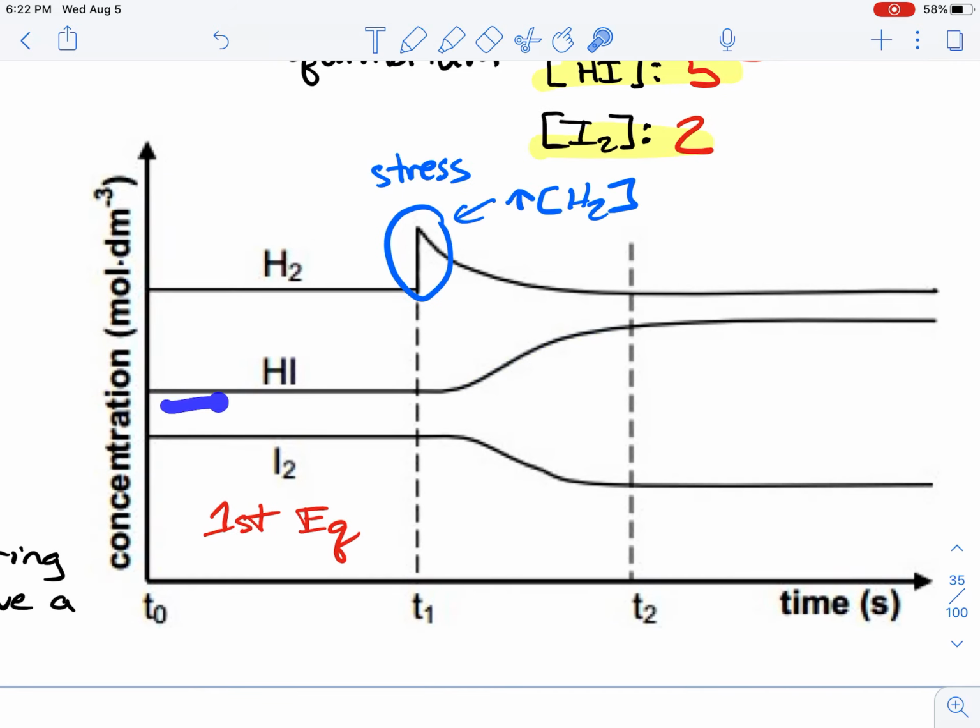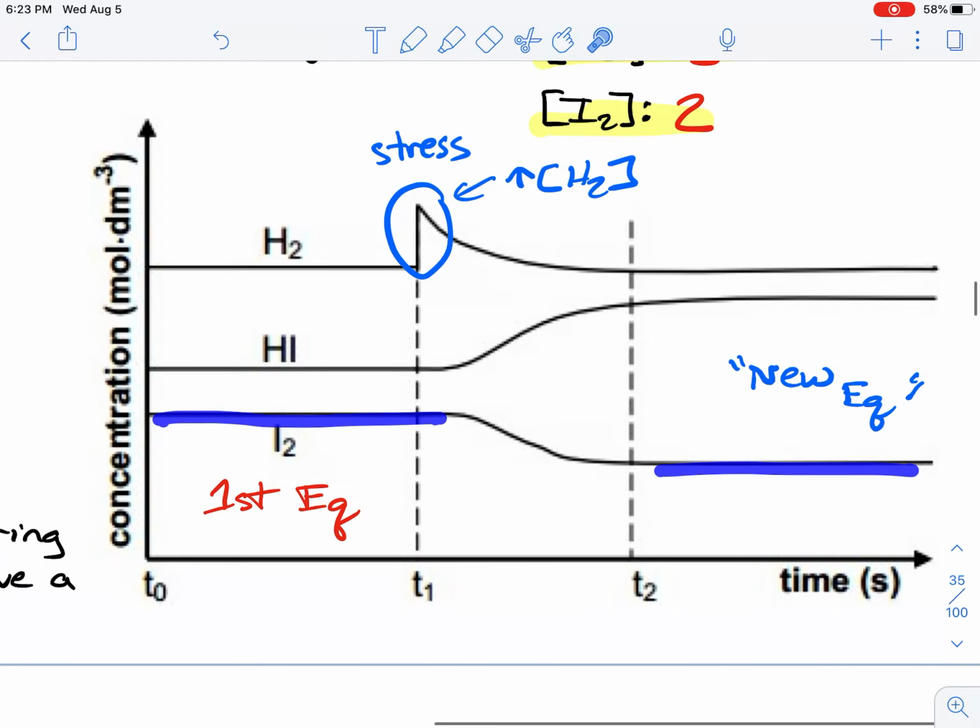So notice that there's a difference in the concentration of HI between the first equilibrium and this new equilibrium. And there's also a difference between the concentration of I2 at the first equilibrium compared to the new equilibrium.